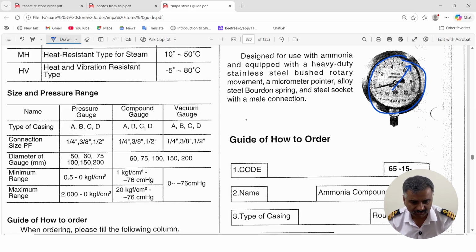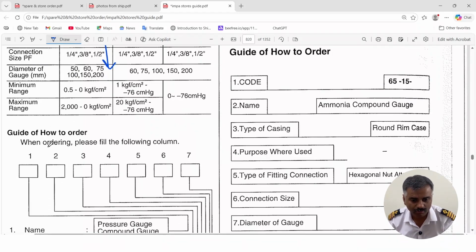Then range. So for every type of pressure gauge, whether you are using a compound gauge or a pressure gauge, you have to see these parameters, the guide on how to order. Because you just cannot put a code on the pressure gauge.